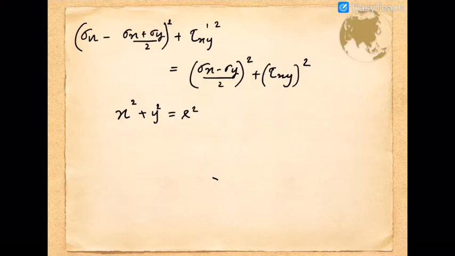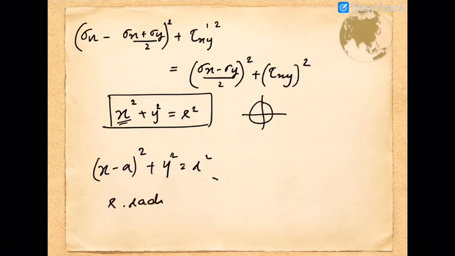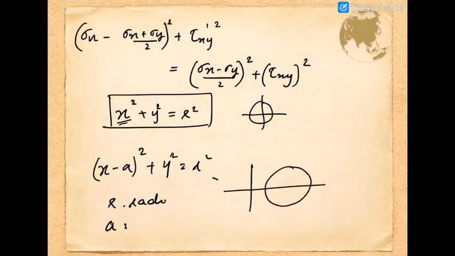There is some variation: in place of x there is a constant term, (sigma x plus sigma y) divided by 2. So I can consider it as (x minus a) the whole square plus y square equal to r square, where r is the radius and a is the coordinate of the center of that particular circle. If you plot the circle, it will look like this. It will be symmetric about the x-axis.